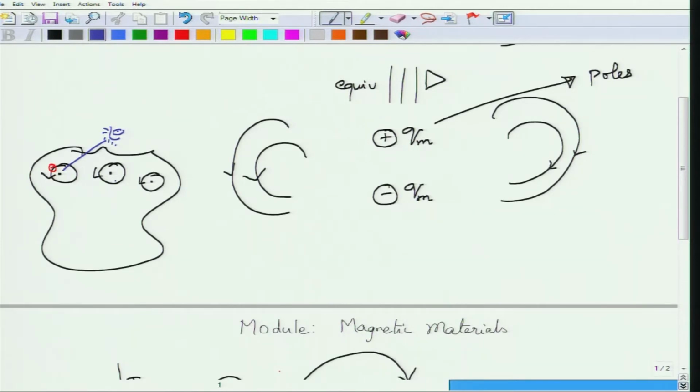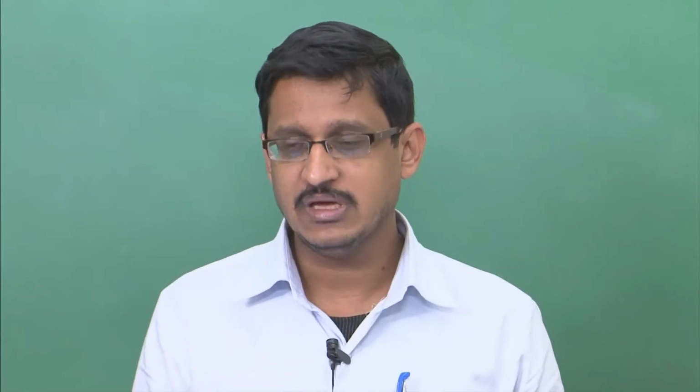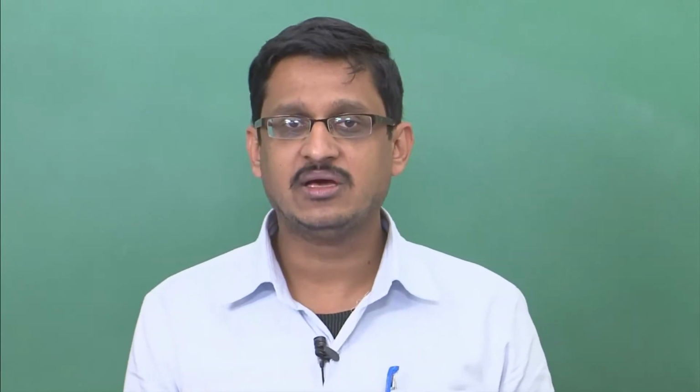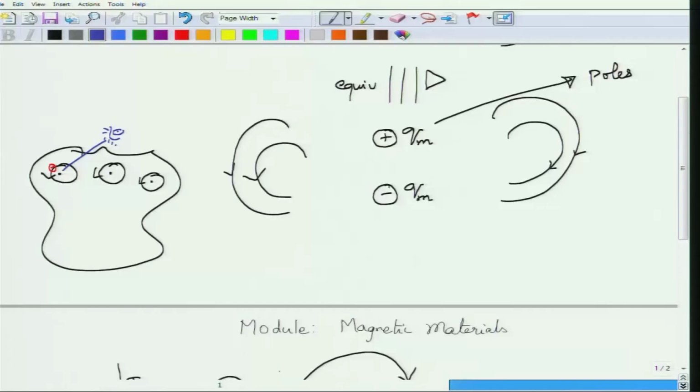And there will of course be billions and billions of such atoms inside any macroscopically large magnetic material. Each atom is essentially a tiny current loop. So the magnetic fields produced by each of these current loops will add up in the case of permanent magnets.